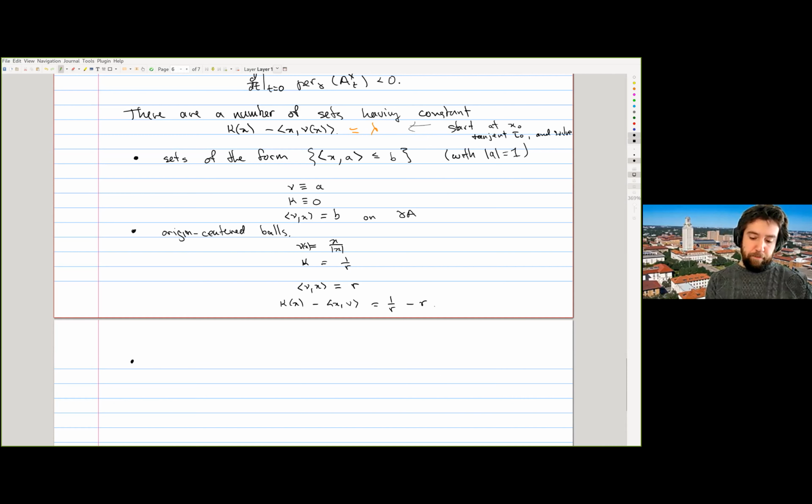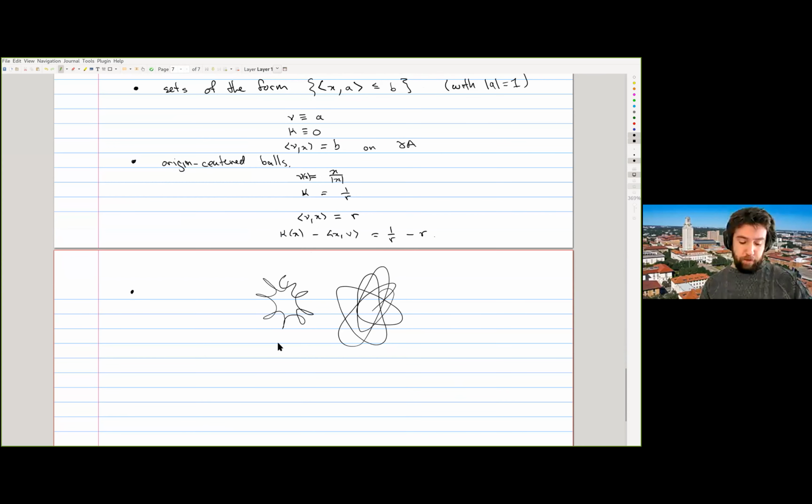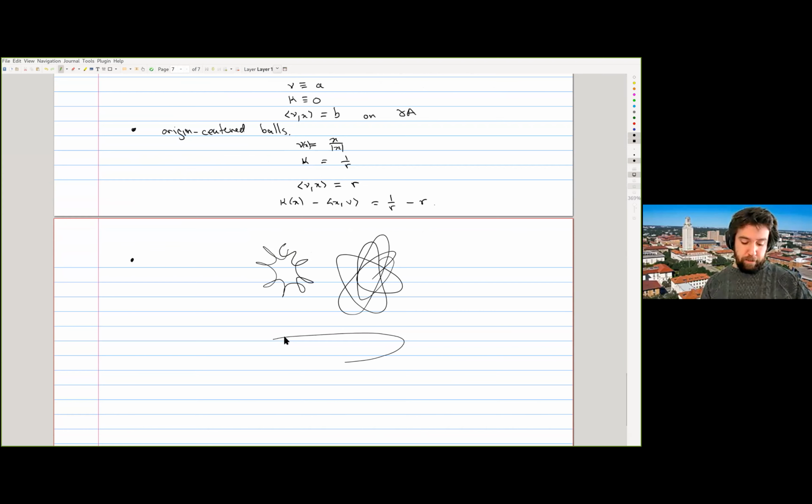Now, most of the time, you get nice looking curves which are not the boundaries of nice sets. You get curves that look like this, or curves that look like this. But if you choose your parameters carefully, you will get simple closed curves. In particular, you can get curves which look like this, like rounded triangles.